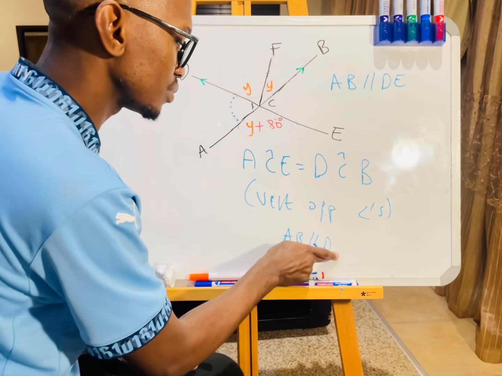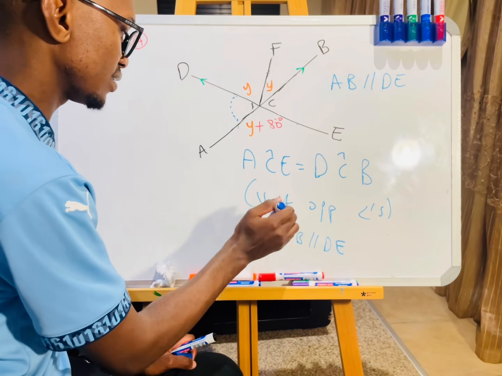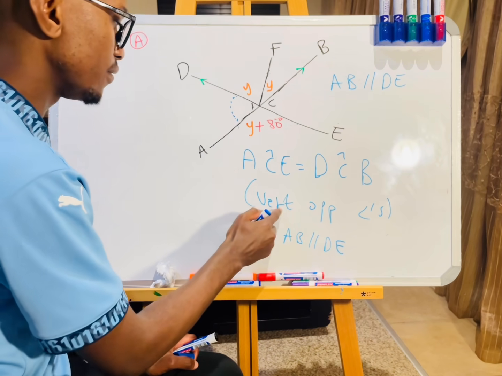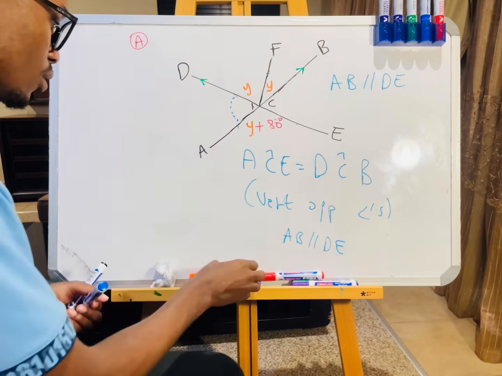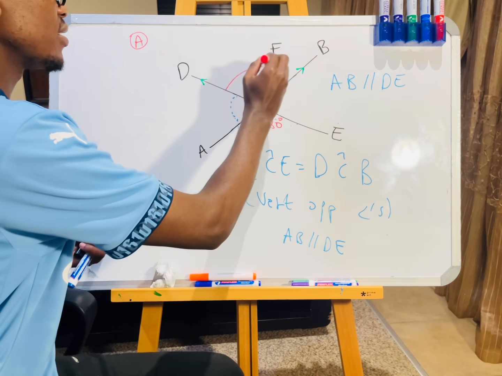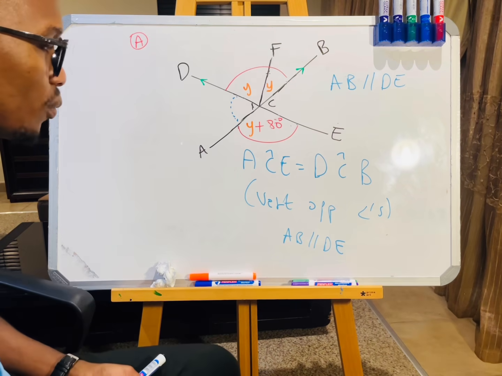My handwriting, some people might not see it nicely, but this is E and this is R. Vertically opposite angles. So this whole angle at the top will be the same as this one at the bottom. We call those vertically opposite angles.